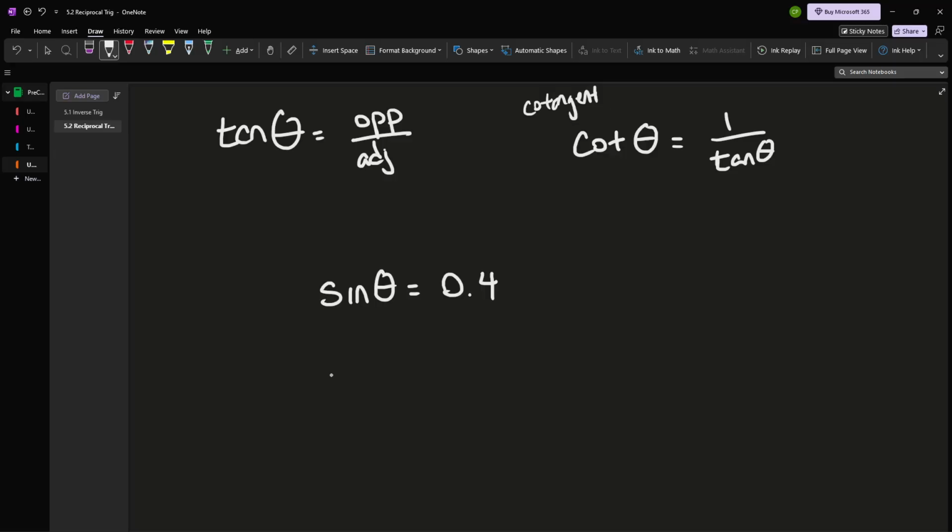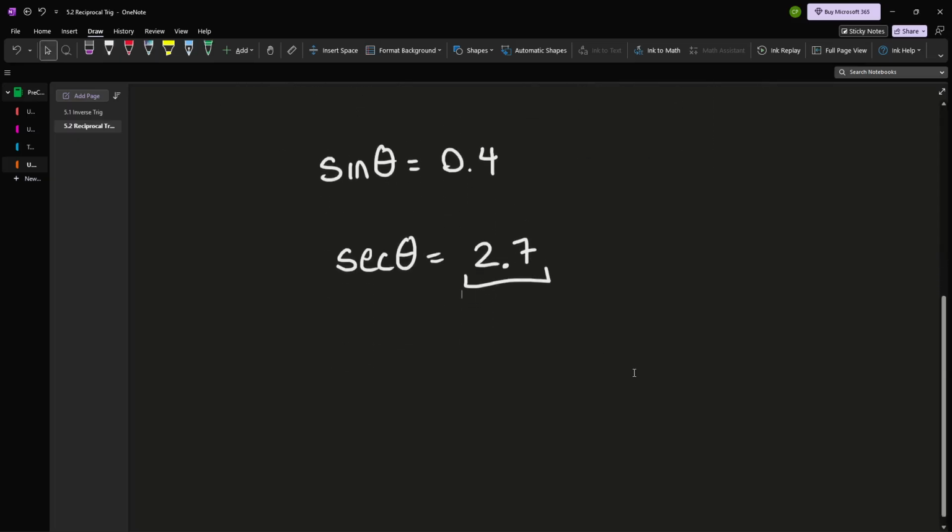So we could use these in the same way, where we want to have secant of theta is equal to like 2.7. Now we're going to see what is the restriction on this. So let's actually work on it first, and let's see what the restrictions might be.